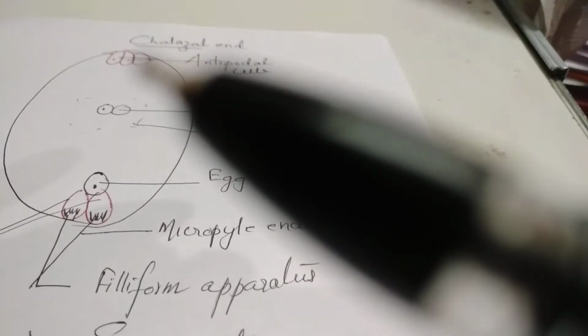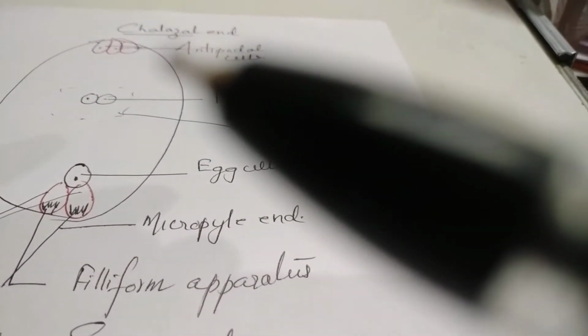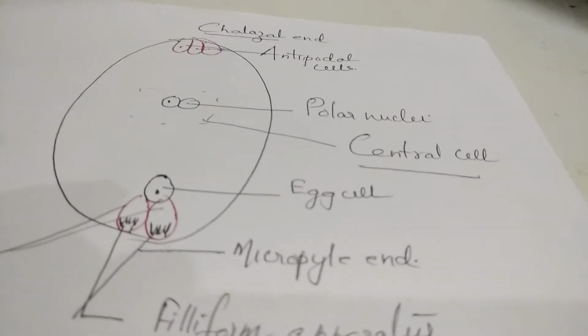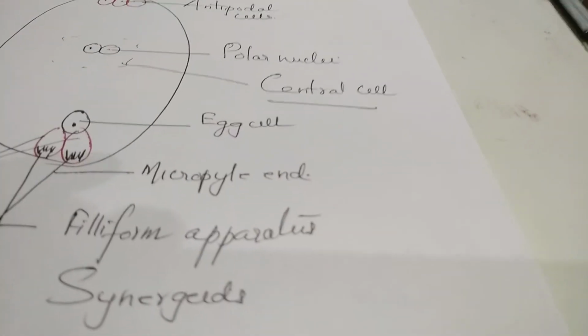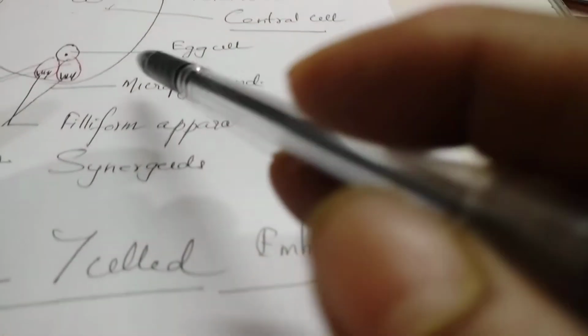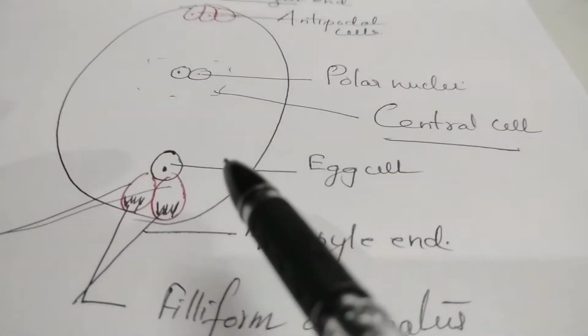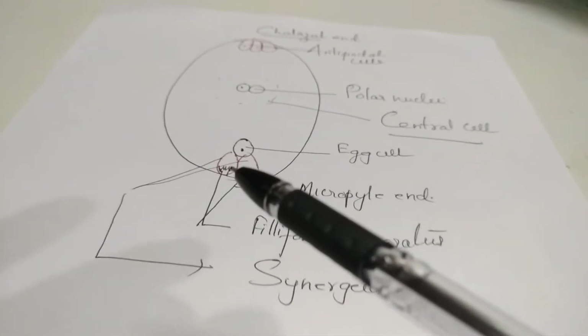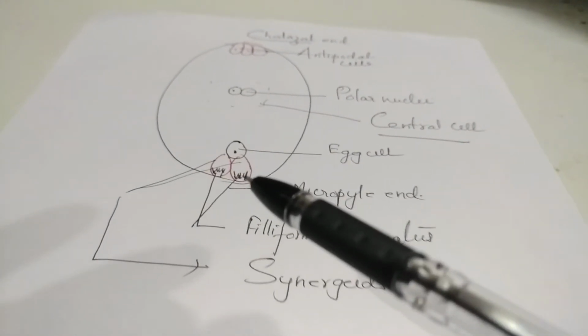Now see here, the cells present at the chalazal end are called the antipodal cells. At the micropylar end, you can see one is the egg and the other ones are the synergids, and they have a filiform apparatus.